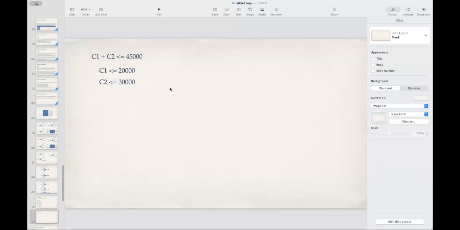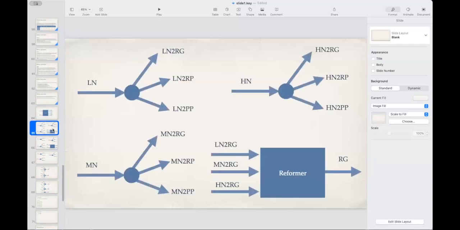And then we move to the first node. The first node is Ln, which must be equal to Ln to Rg plus Ln to Rp plus Ln to Pp, right?